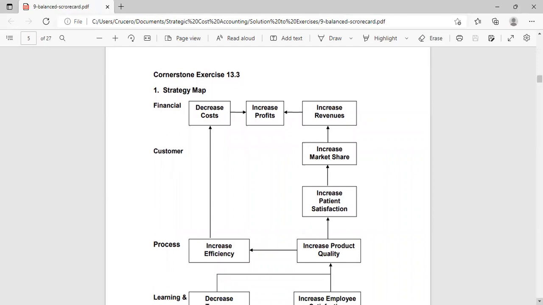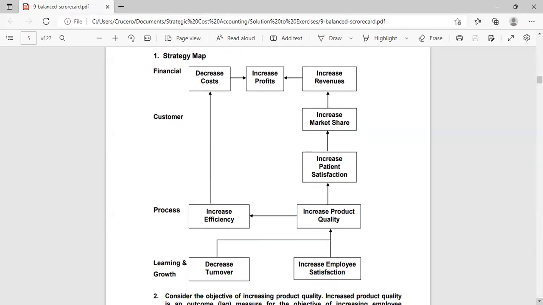We now have the financial: decrease costs, increase profits, and with the increase in revenues, that will increase the market share and increase patient satisfaction, considering that this is a hospital, and increase product quality, increase employee satisfaction.